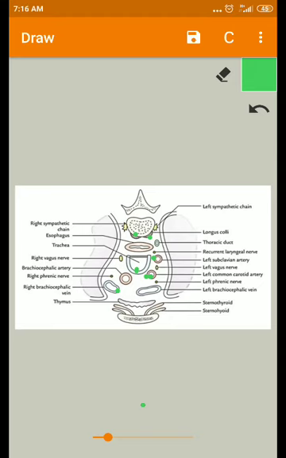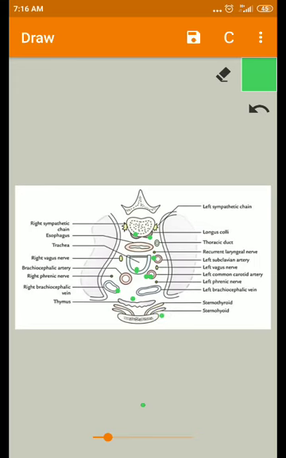On the right side you'll have the right phrenic nerve. These are the structures passing through the mediastinum, and also in front of all these things we'll have the thymus gland, and in front of the thymus gland you'll have the sternothyroid and then the sternohyoid muscle.